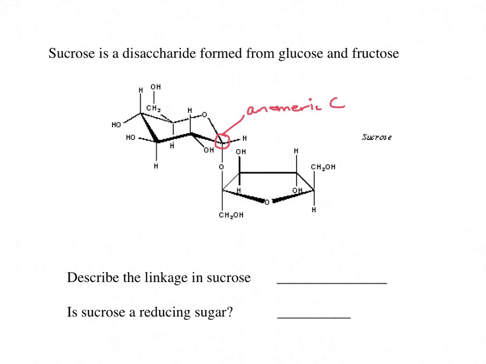And it will have a CH2OH. So looking at this guy, I see 2 places where there's a CH2OH. One is at the far right-hand side, right there. But there's no OH off of it. So that one is not my anomeric carbon. That means that one had to be. Is everyone okay with that?